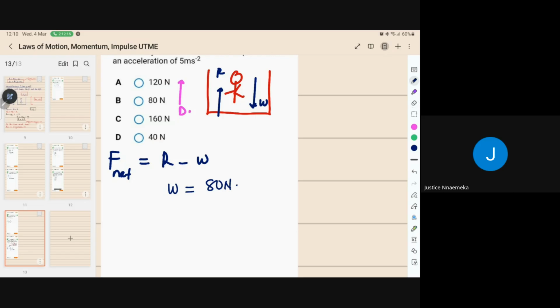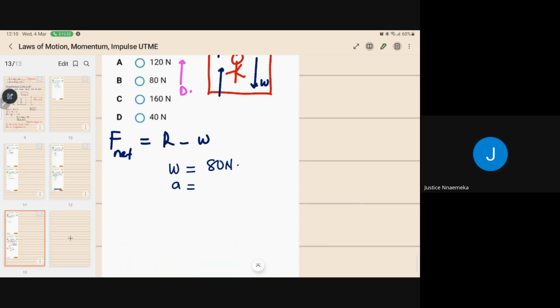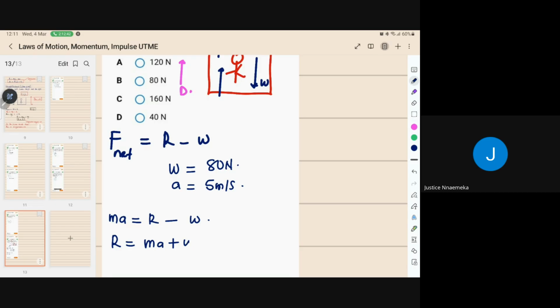They gave us that A is 5 meters per second squared. Now, F net is usually ma. So you have that ma, pay attention, is equal to R minus W. So R will now be equal to ma plus W.